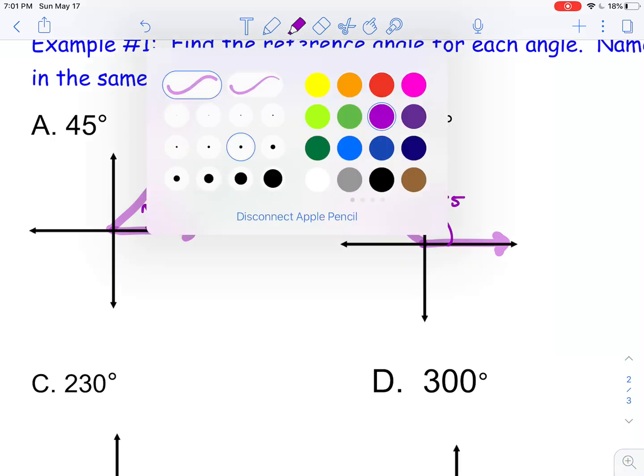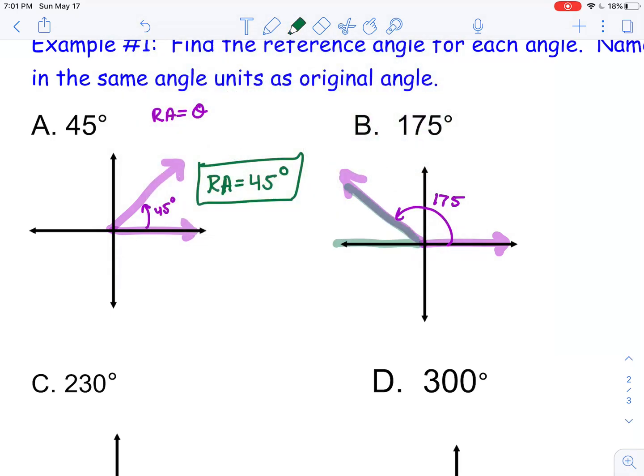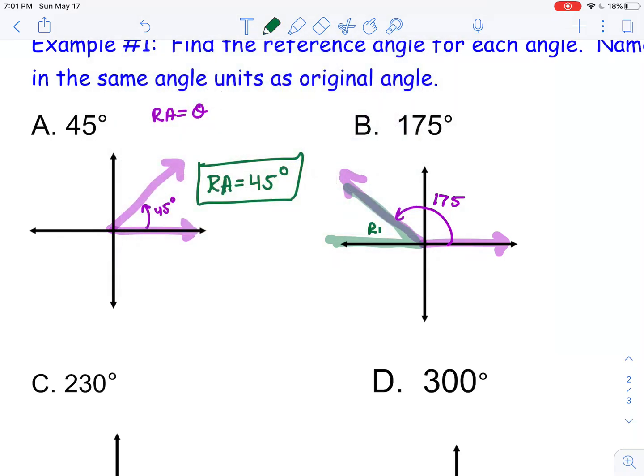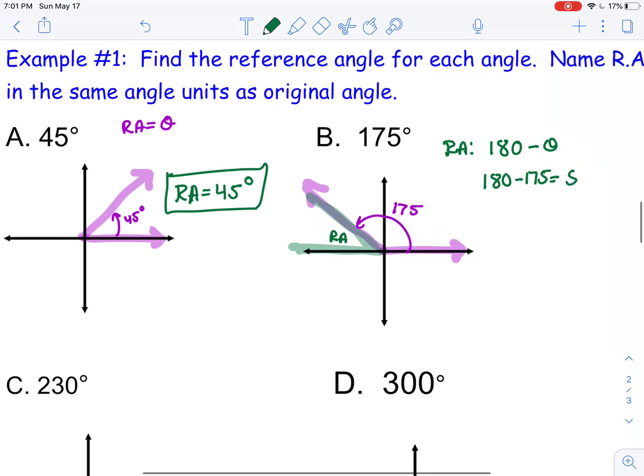My reference angle is going to be this angle here. So in the second quadrant, my reference angle is always equal to 180 minus my theta. So 180 minus 175 will give me 5 degrees.